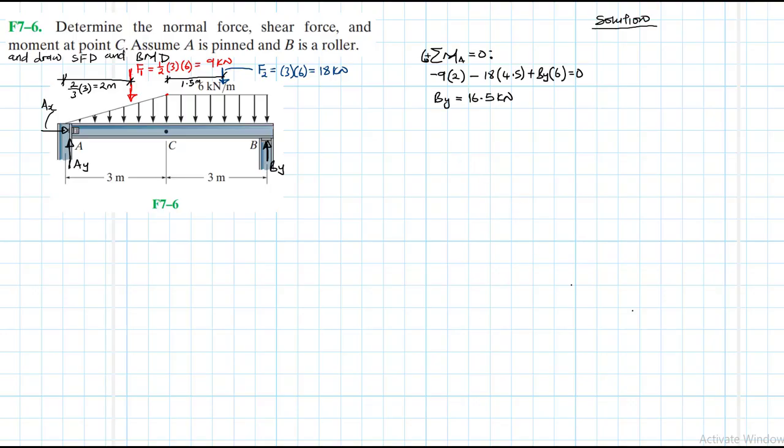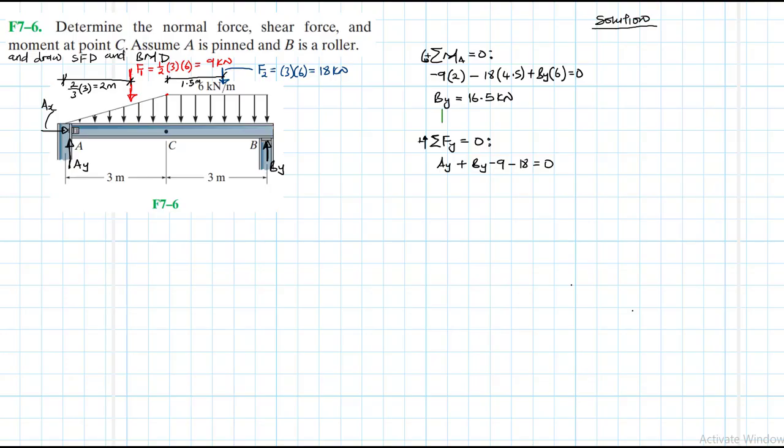Great. So then we have to find the other one, summation of forces in the y equal to 0, going up with our positive. What do we have? We have Ay plus By minus 9 minus 18 equal to 0.